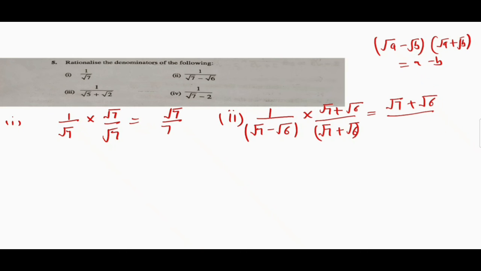So I will get square root of 7 plus square root of 6 in the numerator, and in the denominator, which identity will I use here? Square root of a minus square root of b into square root of a plus square root of b, which is equal to a minus b.